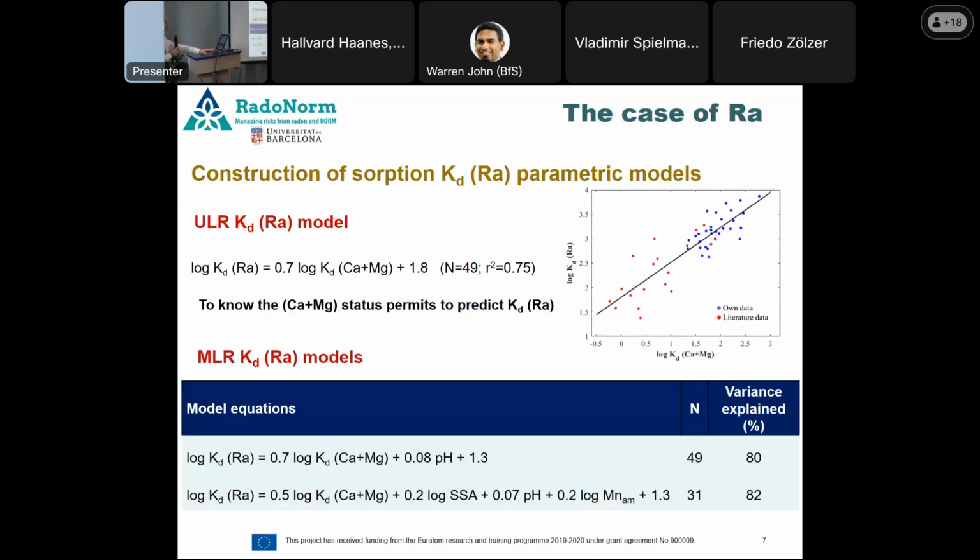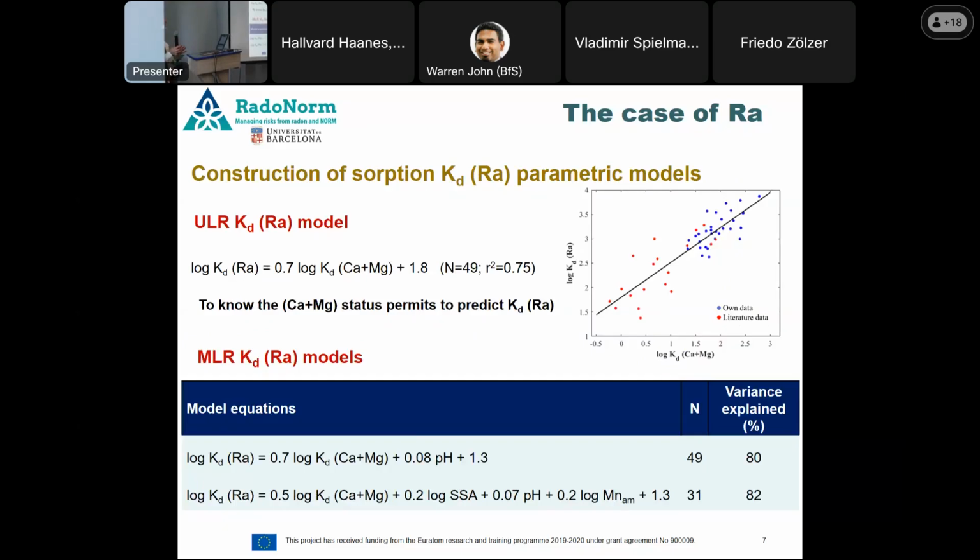And from this, first of all, we tested a univariate linear regression, and nicely it was shown that, with standard data sets, we could be predicting the KD of radium based only on calcium and magnesium status.